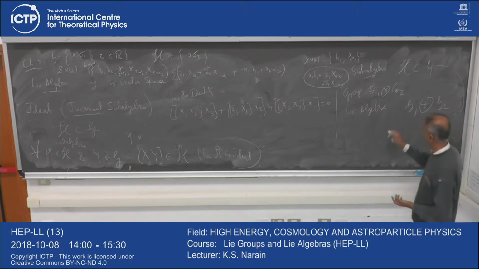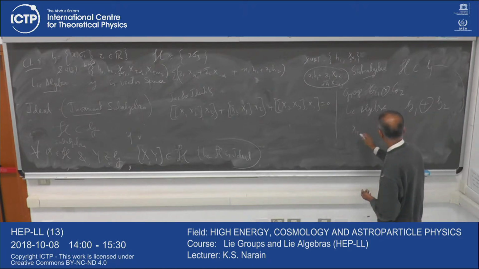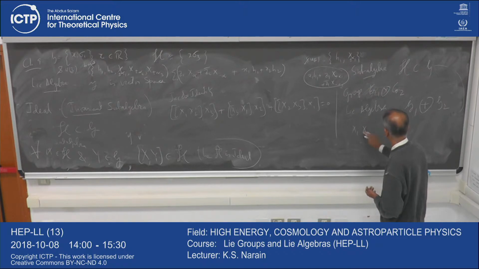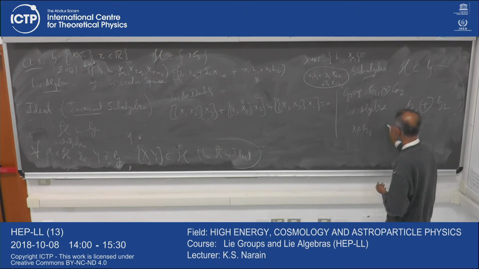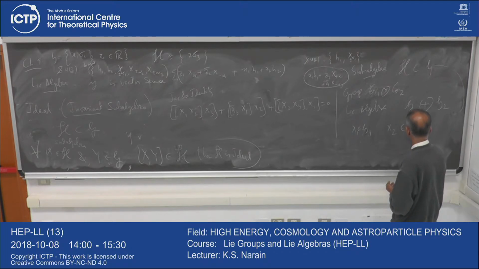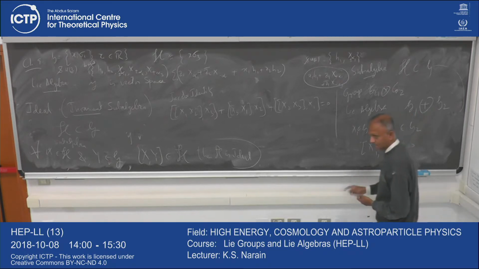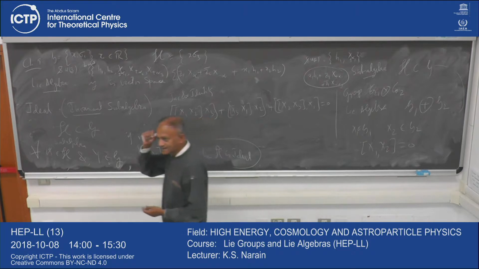If x1 belongs to G1 and x2 belongs to G2, then by definition the commutator of x1 and x2 is 0. That's the direct sum.